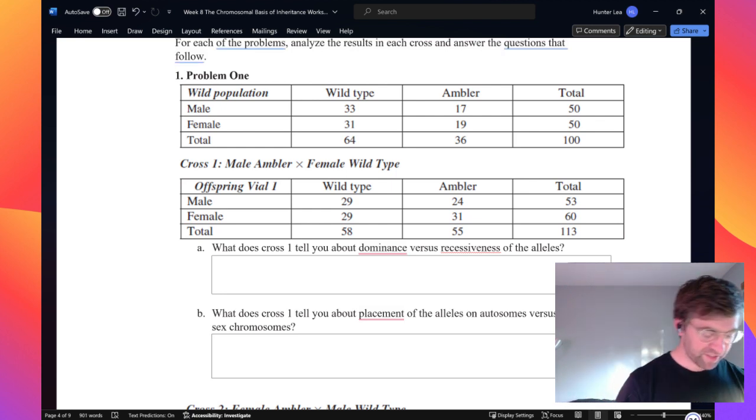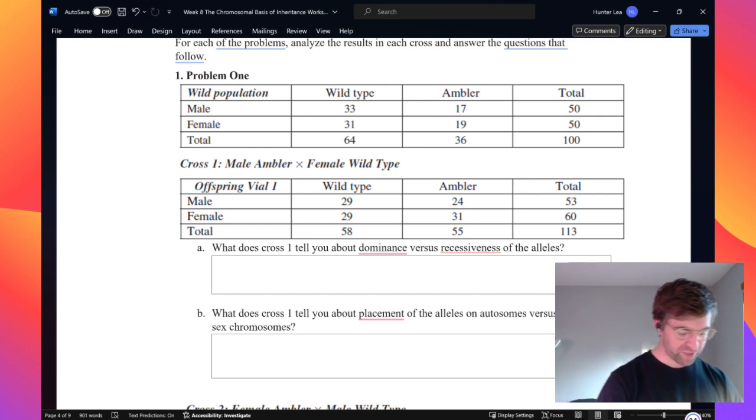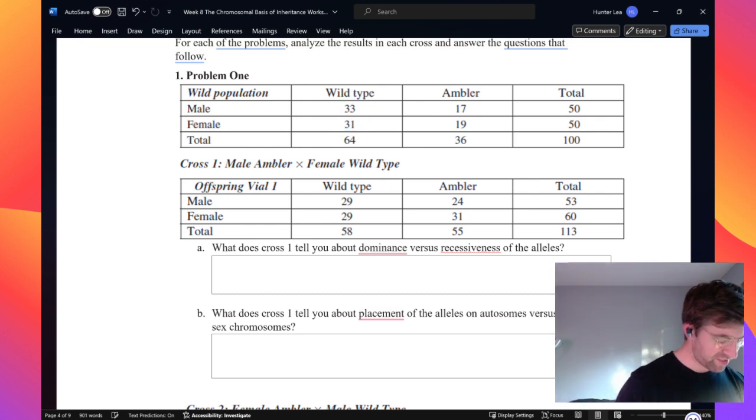Okay, so looking at these numbers, we see a pretty much even split of males to females, which is expected. We also see a fairly even split in amblers. In cross 1, we've got exactly even split for the wild type and not quite an even split, but close, of the ambler.